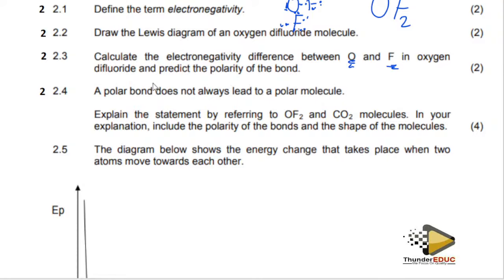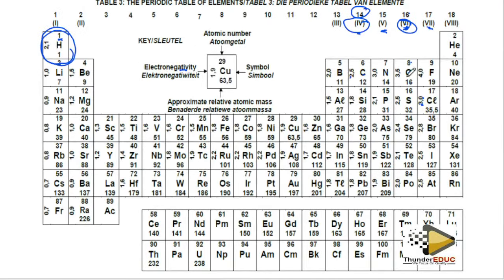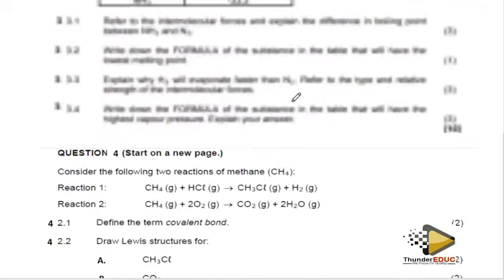So here the answer is going to be 4 minus 3.5, isn't it? Yeah, oxygen is 3.5, while fluoride is 4.